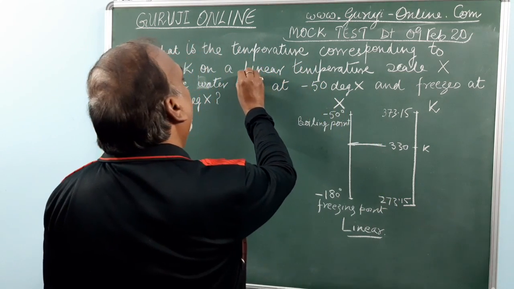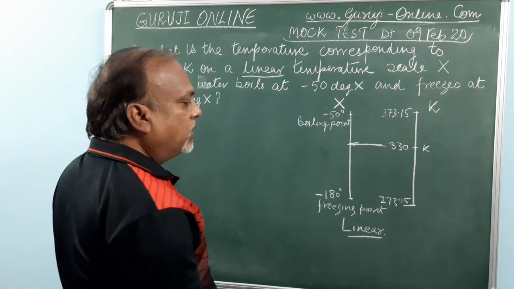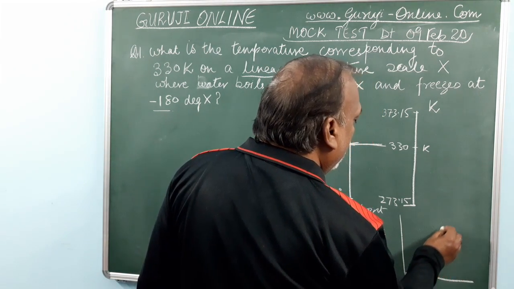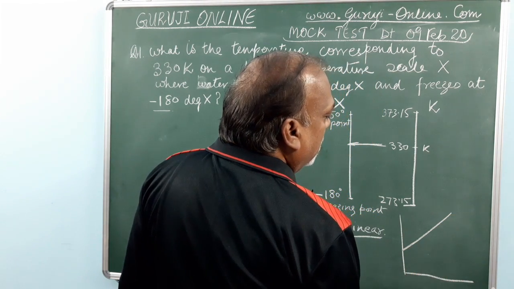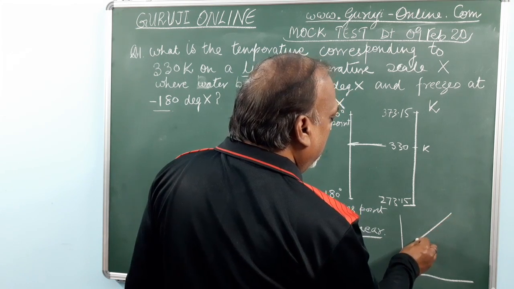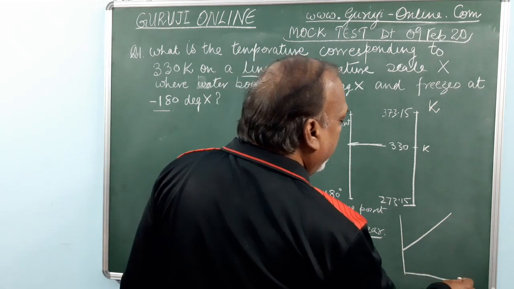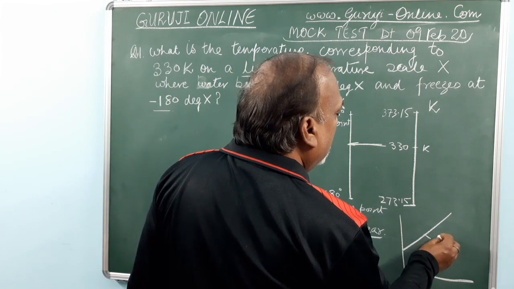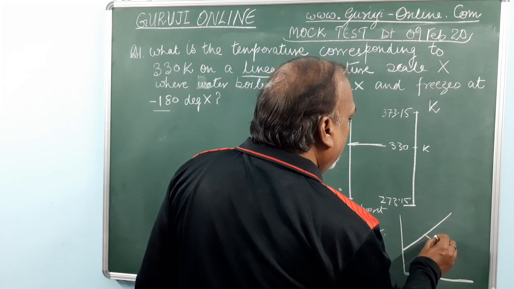It is given here. That means in linear variation, you already know it is a straight line. In linear variation, what is the equation of the straight line?